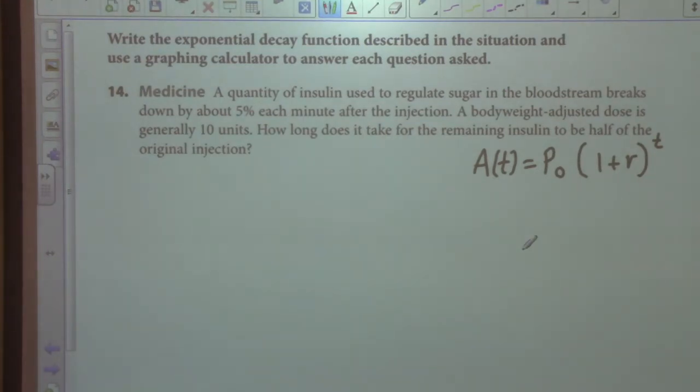Okay, so we're going to use this equation to figure things out. What goes in for what here? So r equals 0.05. Where did you get 0.05?